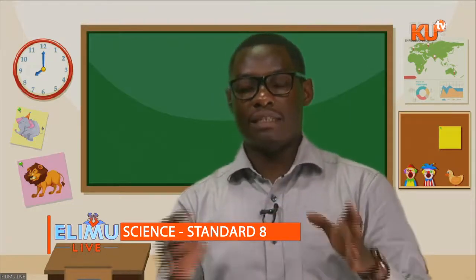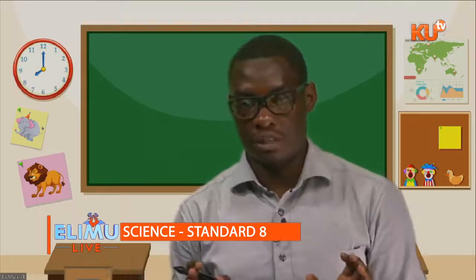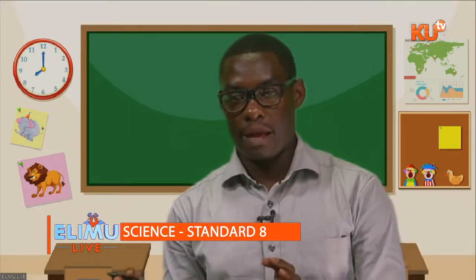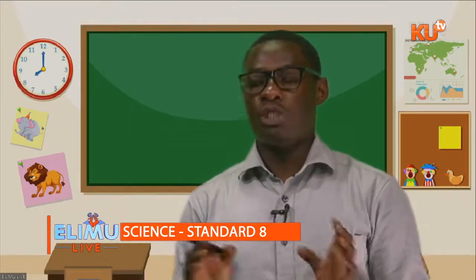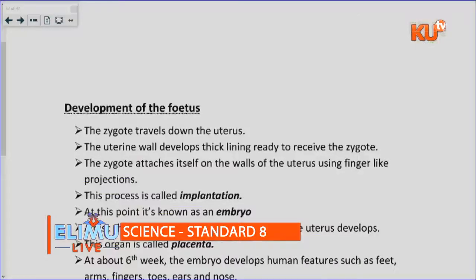Now, once the zygote gets implanted, it's now not called a zygote, it is called an embryo. A question in KCP: which one attaches itself? The answer is an embryo. So that is a KCP question that was asked.